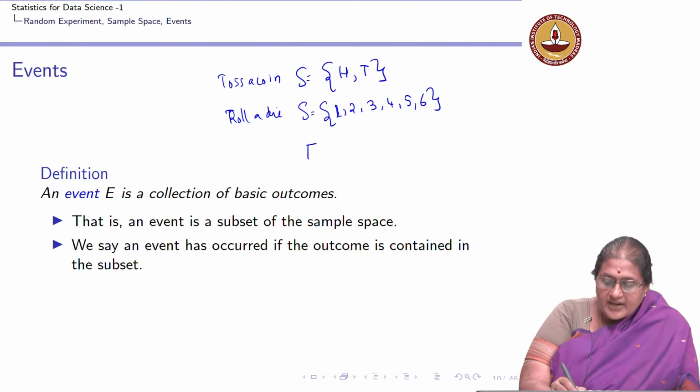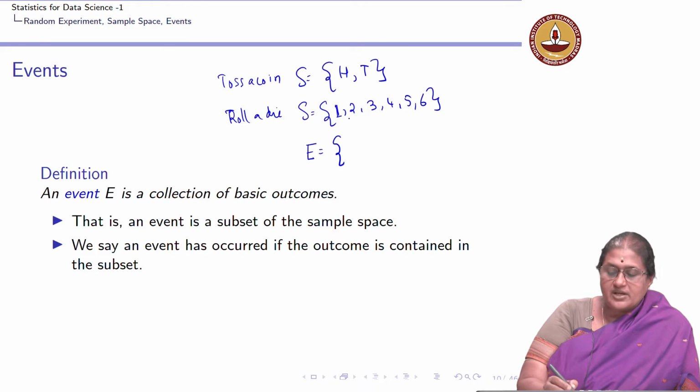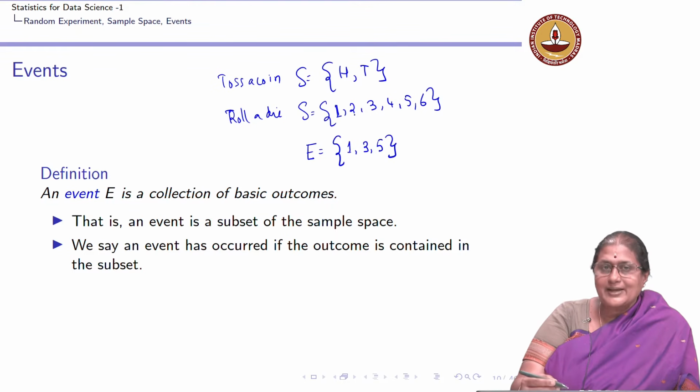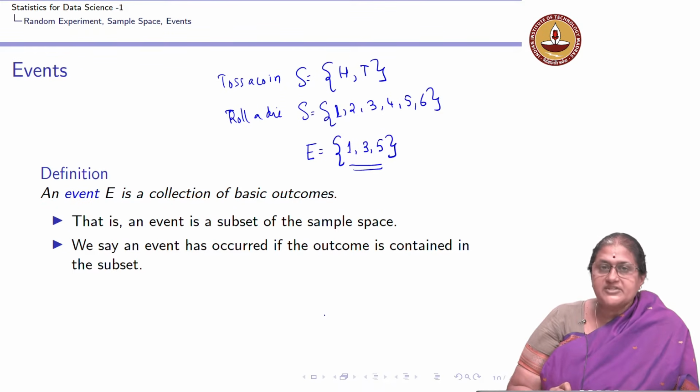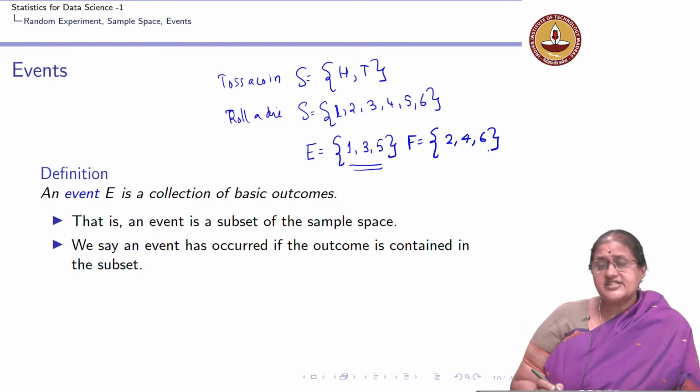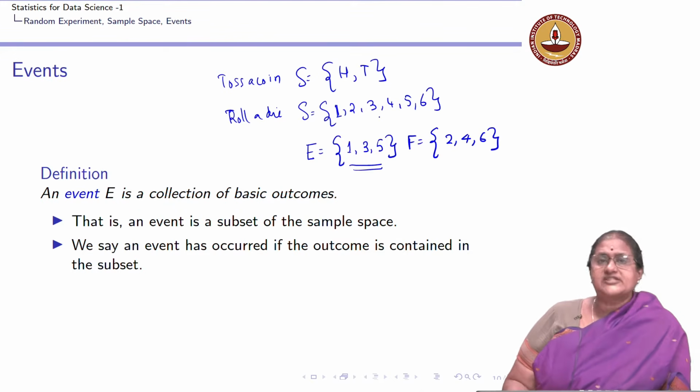Now, I can define an event, which is a collection of these basic outcomes. For example, if I define an event 1, 3 and 5, I know the outcome of rolling a die is an odd number. It is again a collection of basic outcomes, but it is a subset of my total sample space. I could similarly define another event, 2, 4, 6, which is again a subset of my total sample space.